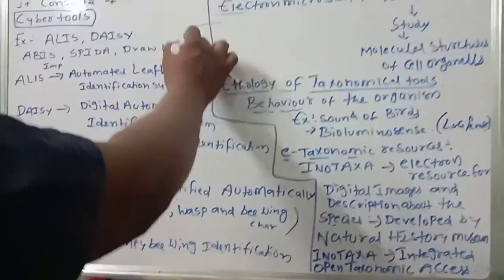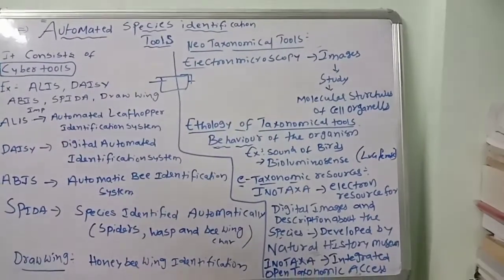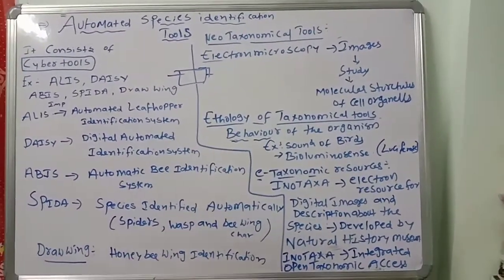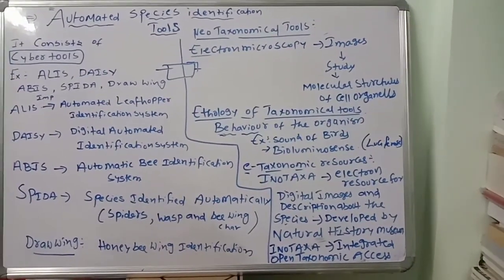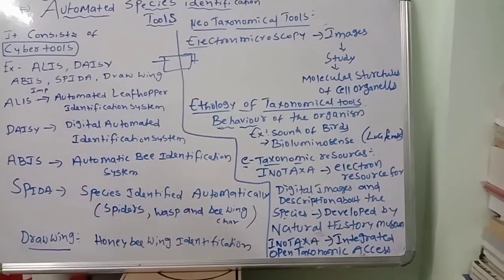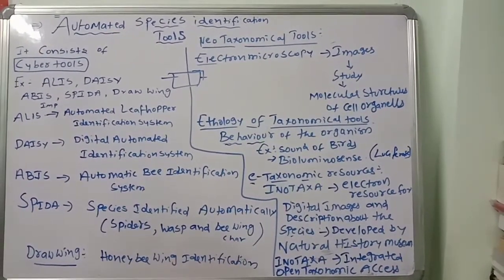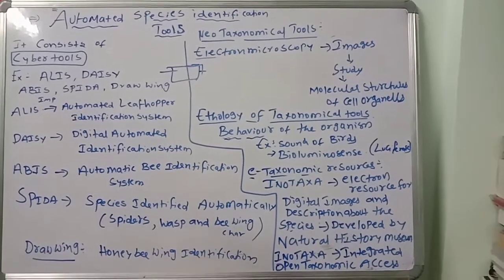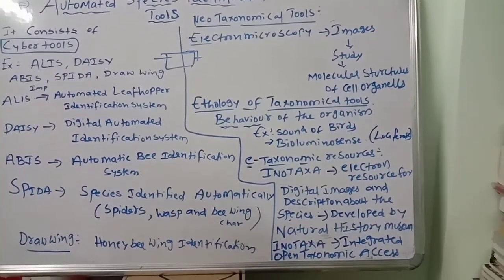So with this we completed the first chapter. Complete information, what we discussed, you know very well. So children, you have to remember all of these. Alice means what? Deis means what? Next one, what is abyss and spida? What is a drawing?